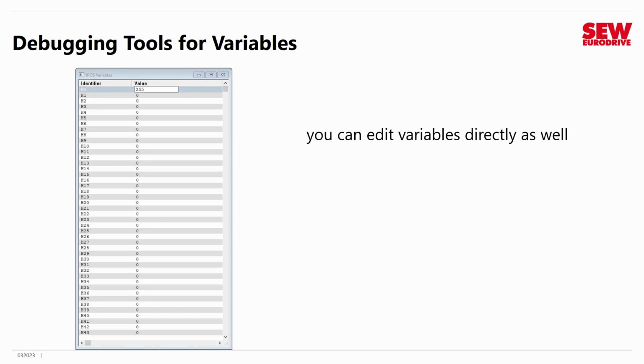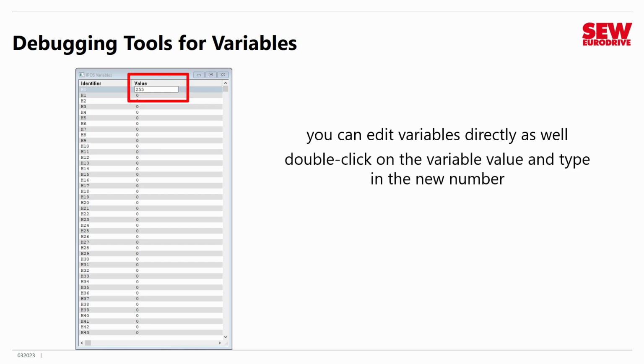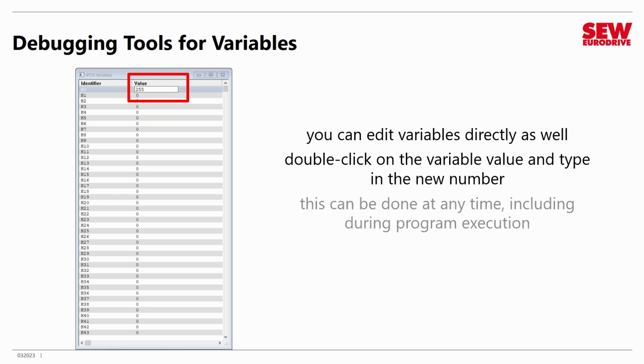And here's something else. You can directly edit variables as well. Notice, for example, H0 is being edited. If you double-click on the value, it will change to an input box, and you can type in a new number. And it'll change that variable right then and there. In fact, you can even do it when the program is running, which could get interesting and is often actually useful.